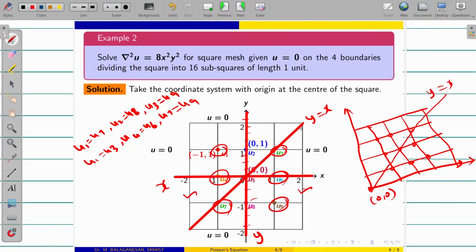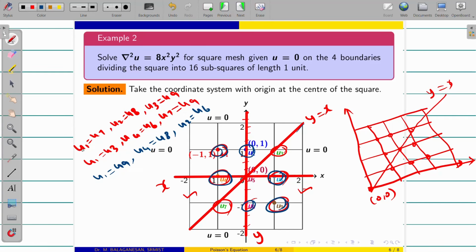Just listen, this axis. u1 equivalent to u9, and then u4 equivalent to u8, and u2 equivalent to u6. Those values will match at that point.